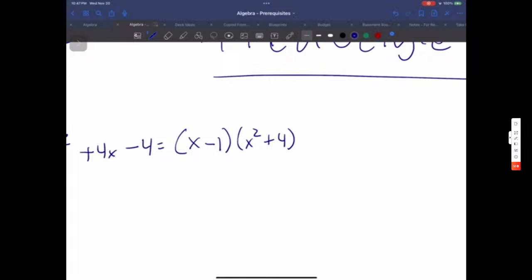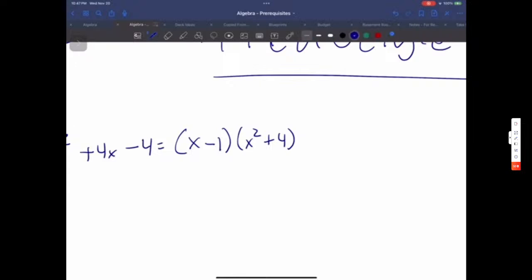The x squared plus 4 cannot be factored down any further, and the x minus 1 can't, but the x squared plus 4 is a little bit deceiving. We know that x squared minus 4 can be factored into the nice x plus 2, x minus 2, but x squared plus 4 cannot be.